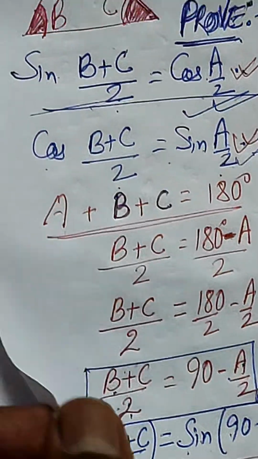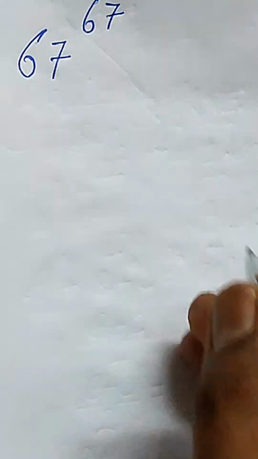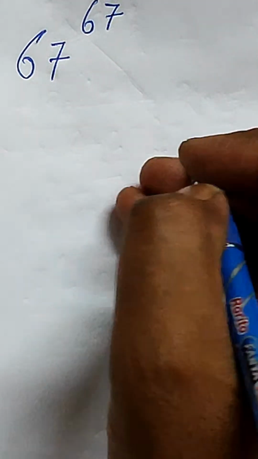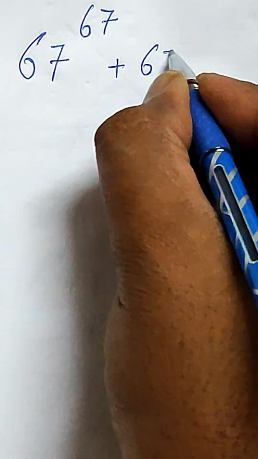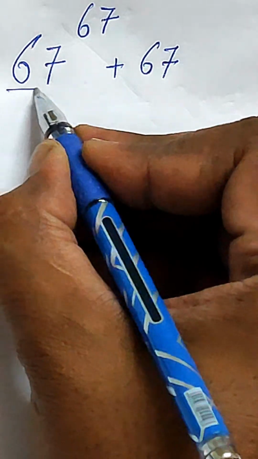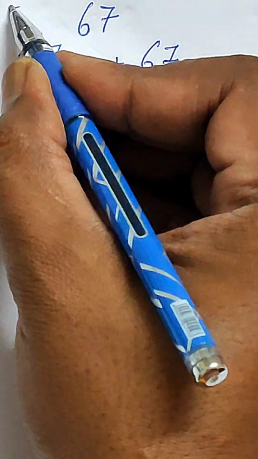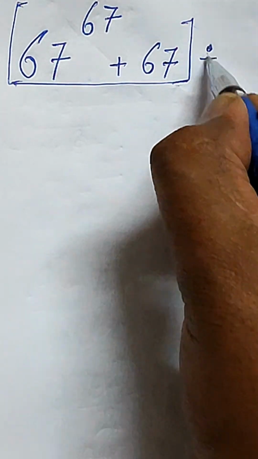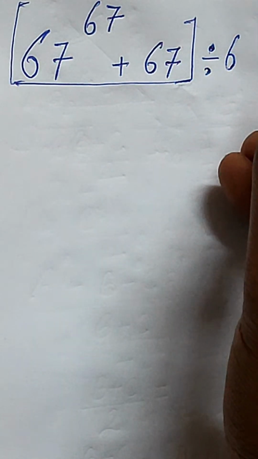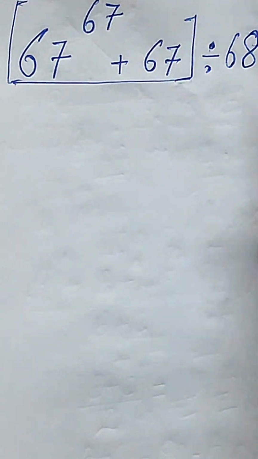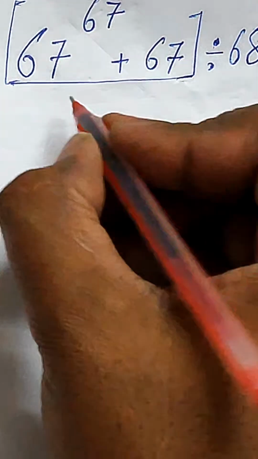The question was that 67 power 67, right, plus 67, when all this is divided by 68, what will be the remainder?